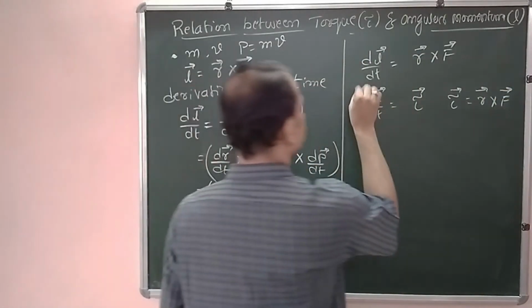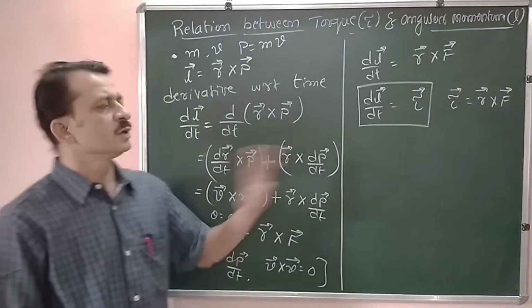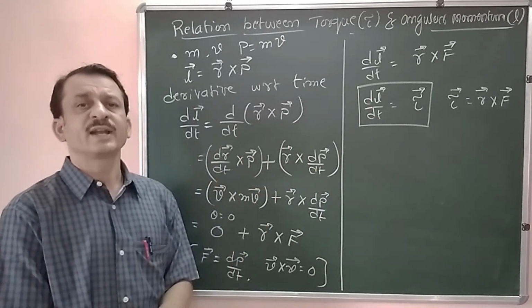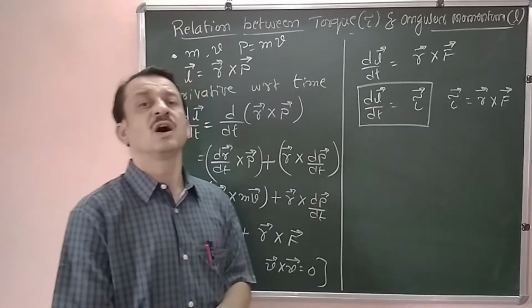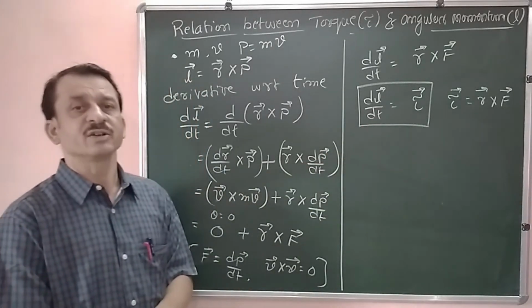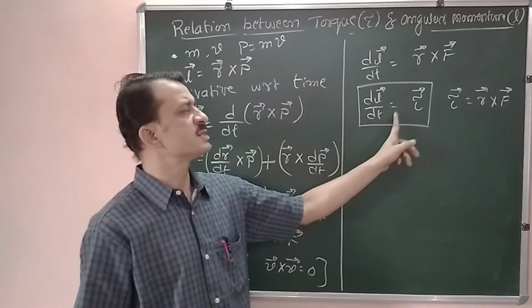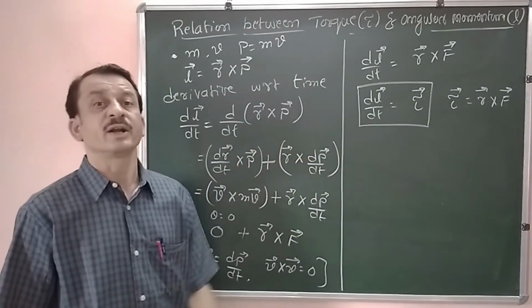So we have got a very important relation here. The rate of change of angular momentum of a particle is equal to the torque acting on that particle.